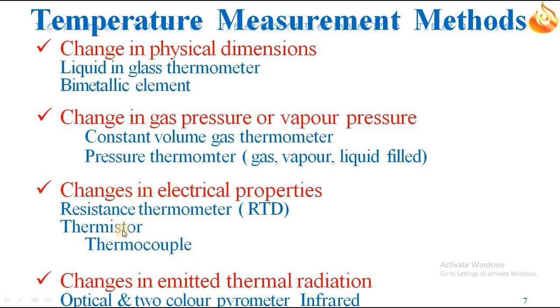Okay, so we can use thermistors for measuring temperatures ranging from 400 degrees Celsius to 1500 degrees Celsius. Or we can use thermocouples in the range 200 to 400 degrees Celsius. Okay, if we have a temperature less than 100 degrees Celsius, then you already use the liquid in glass thermometer. For temperatures exceeding 100 degrees Celsius up to say 250 degrees Celsius, we can use the bimetallic element.